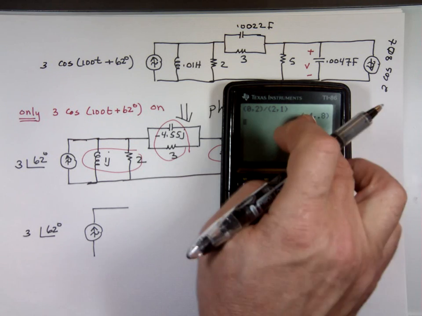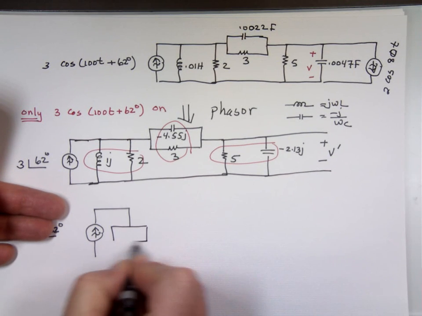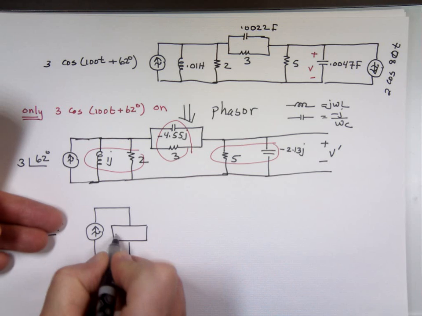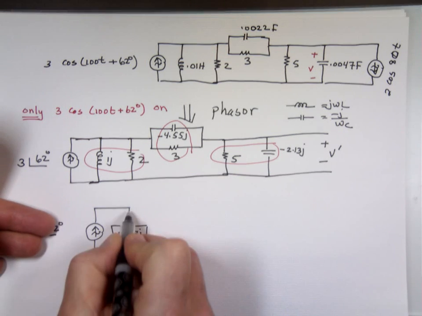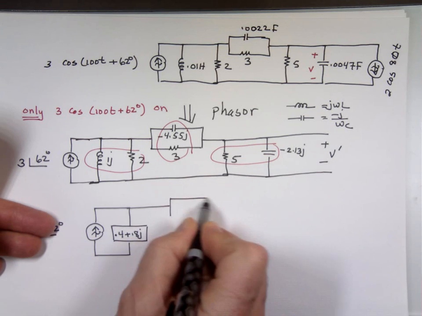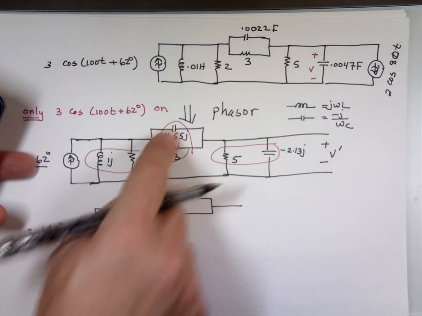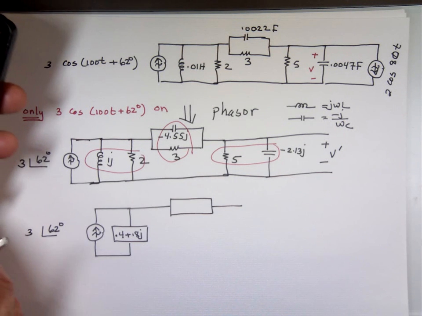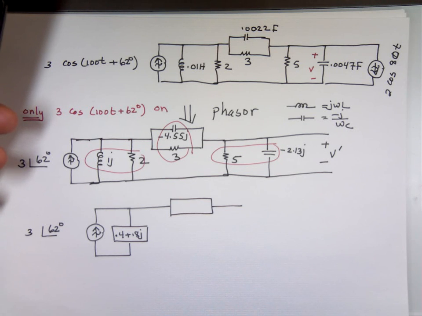So when you find the equivalent of this, I don't use an inductor symbol now, I just make a box: 0.4 plus 0.8j. Next, product over the sum of the negative 4.55 term and 3: 3 times 0 comma negative 4.55, divided by 3 comma negative 4.55.